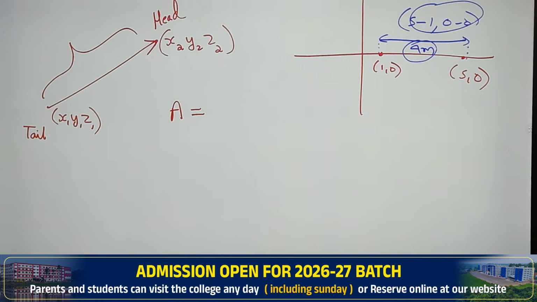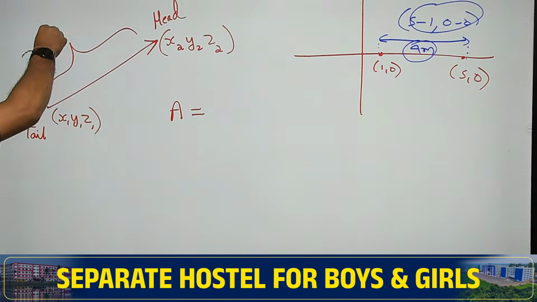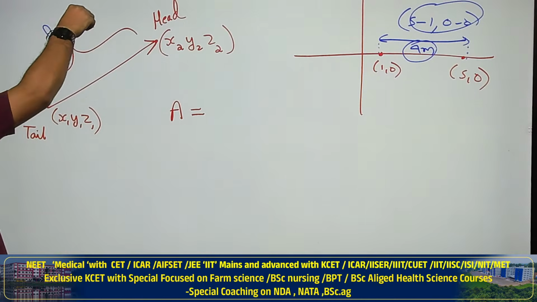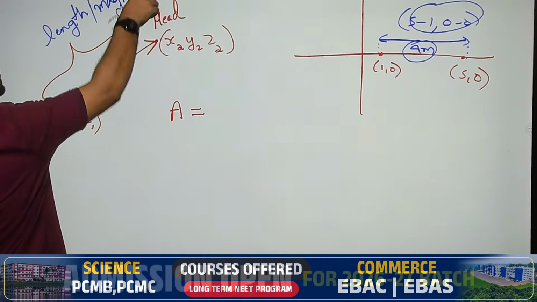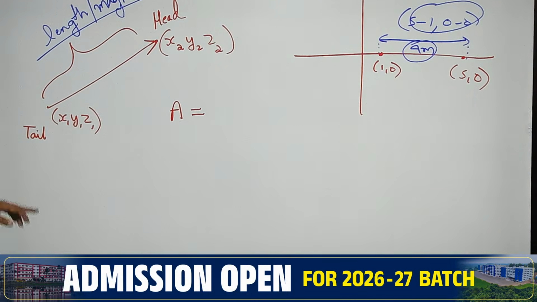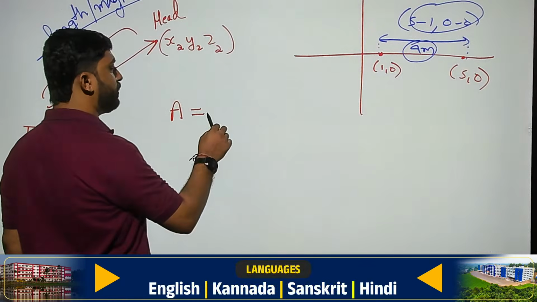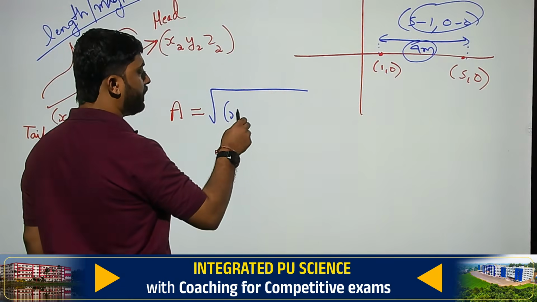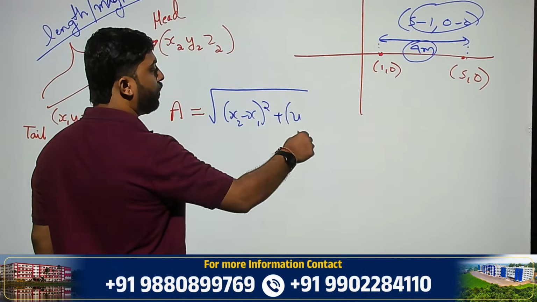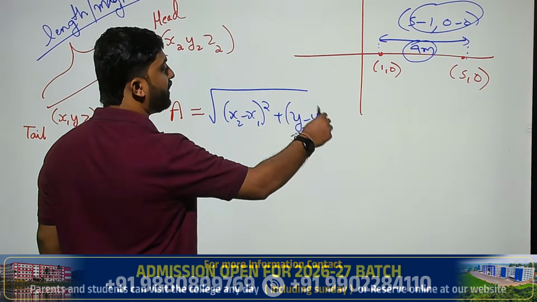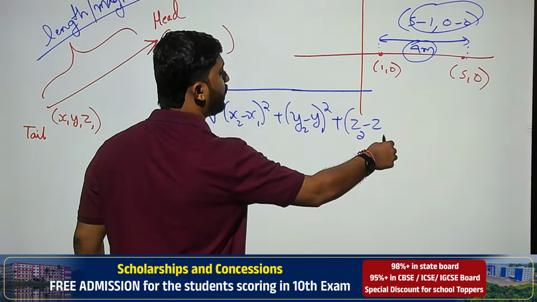Distance formula. Okay. What about the length here? Length or magnitude? When you know the coordinates, we can use x2 minus x1 whole square plus y2 minus y1 whole square plus z2 minus z1 whole square.